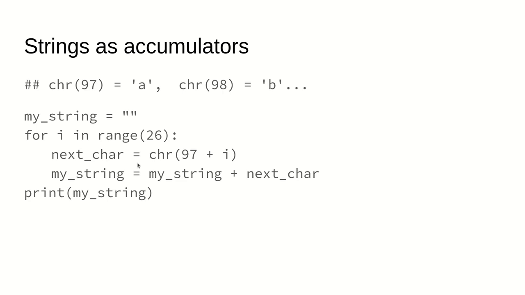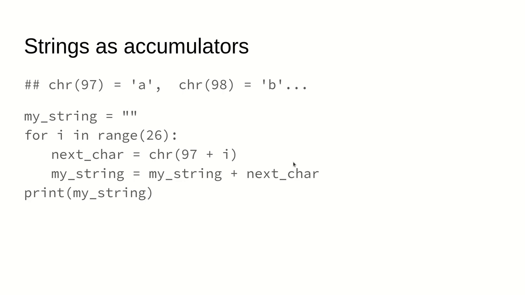And my string gets my string plus next character, in other words, empty string plus lowercase a. And then the loop will continue, the character will become b, and the my string will have its current value, just the string containing a, combined with the character b.